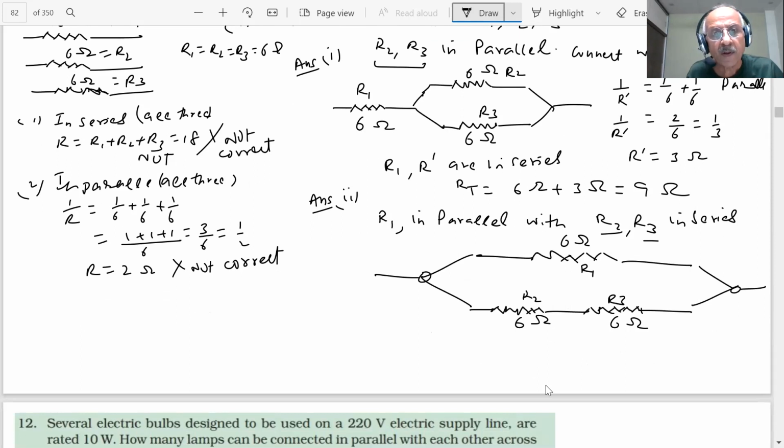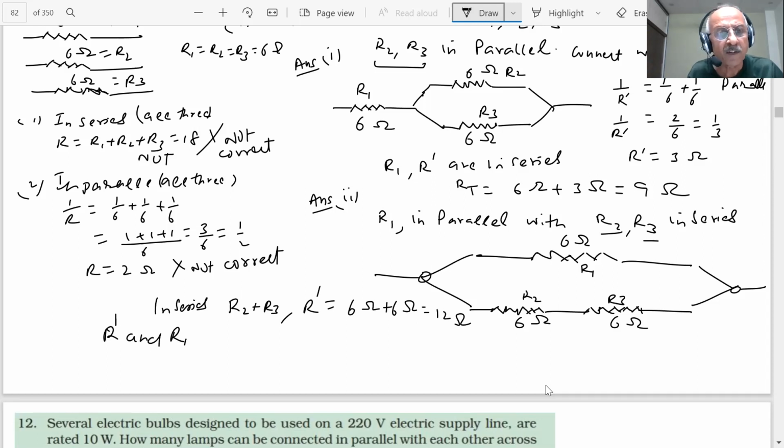So R2 and R3 in series, what is the value of R dash? 12 ohms. Now students, R dash and R1: this 12 ohms and this 6 ohms are in parallel.